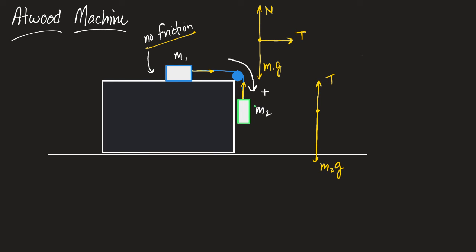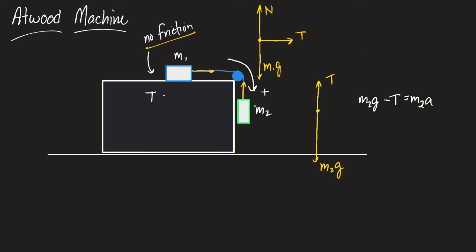Now, from this point, your problem is no different than what we've already done. This becomes a Newton's second law problem with M2g minus tension equals M2a. Net force equals ma. Do I need to explain that? Because I will. Okay.